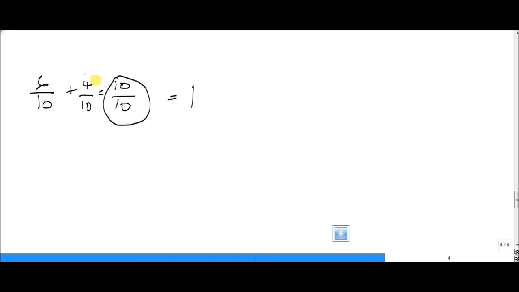So my answer in this case is 4/10. Number 3 says, what must be added to 4/9 to make a whole?